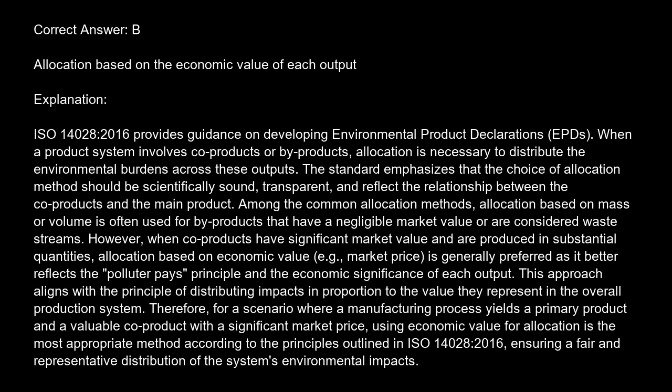This approach aligns with the principle of distributing impacts in proportion to the value they represent in the overall production system. Therefore, for a scenario where a manufacturing process yields a primary product and a valuable co-product with a significant market price, using economic value for allocation is the most appropriate method according to the principles outlined in ISO 14028-2016, ensuring a fair and representative distribution of the system's environmental impacts.